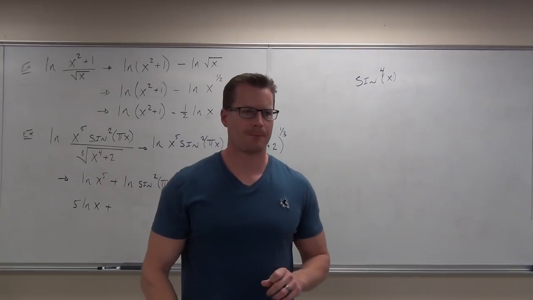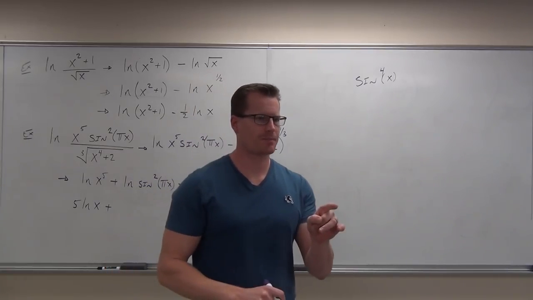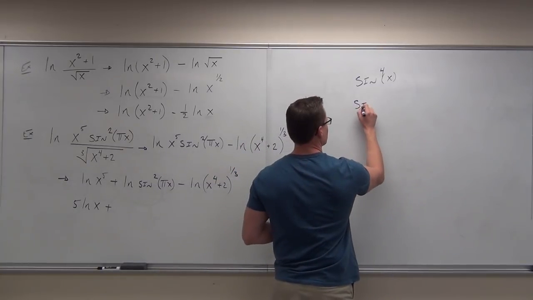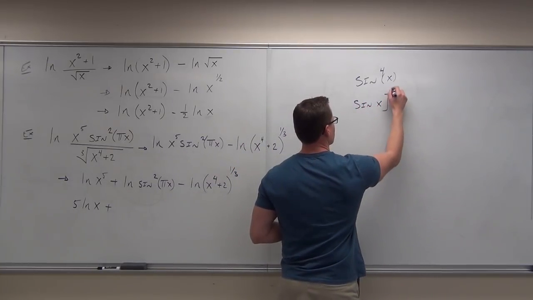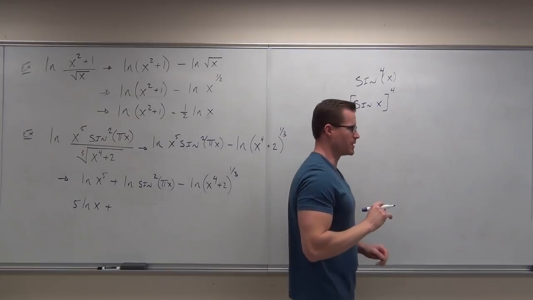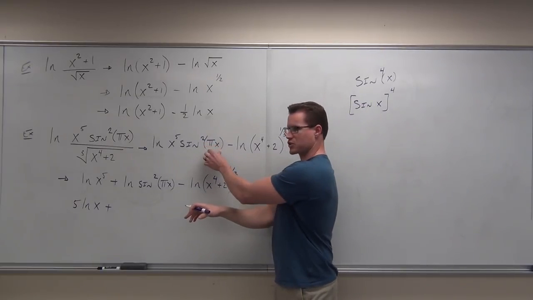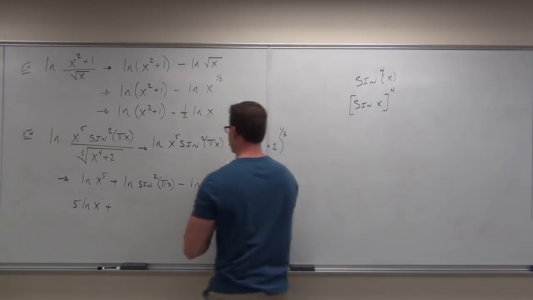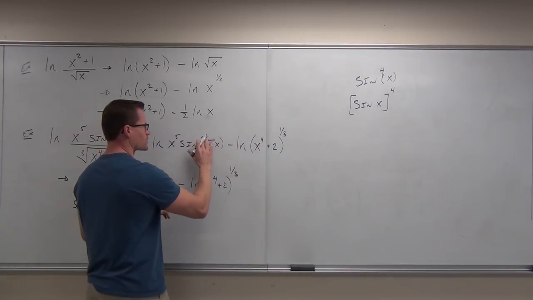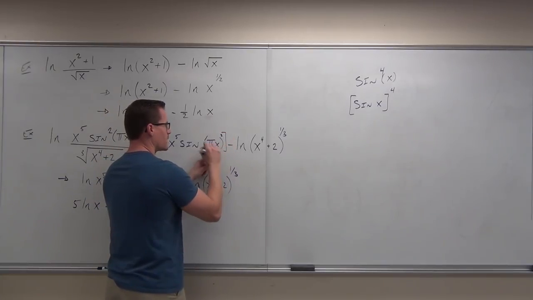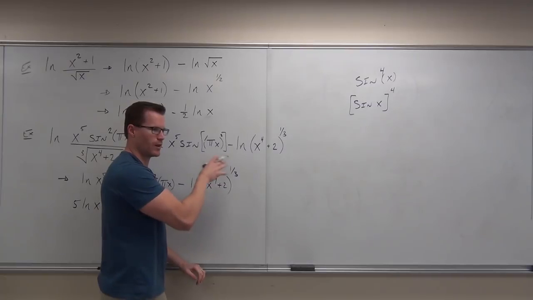X is to the fourth power. Is it the x? Is it the function? Function. That's literally what that means. So whenever you see a sine squared like this, it is not being squared. If it was, I would have it here. Don't change your work, please, but watch. If this was being squared, I'd have it here, and I'd have that as the argument. That's how that would look.